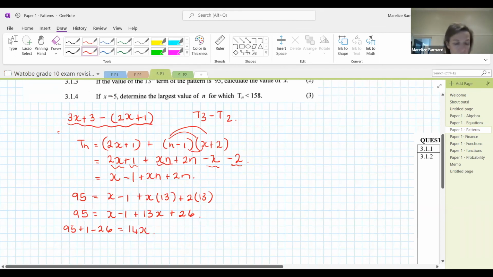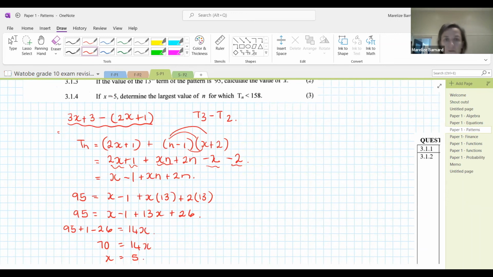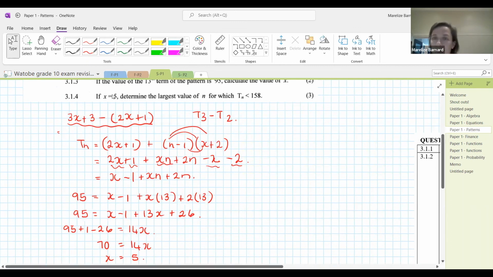And what we get is 95 minus 25 is 70. And then for x, we'll divide by 14 and we'll get 5. x is 5. Okay.